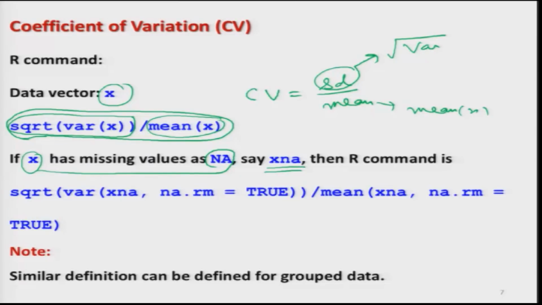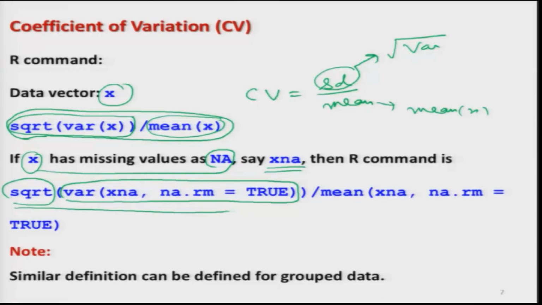I will find the variance of xna by using the argument na.rm is equal to TRUE. This helps us find the variance when the data vector has missing values, and then we find the square root, which gives the standard deviation.